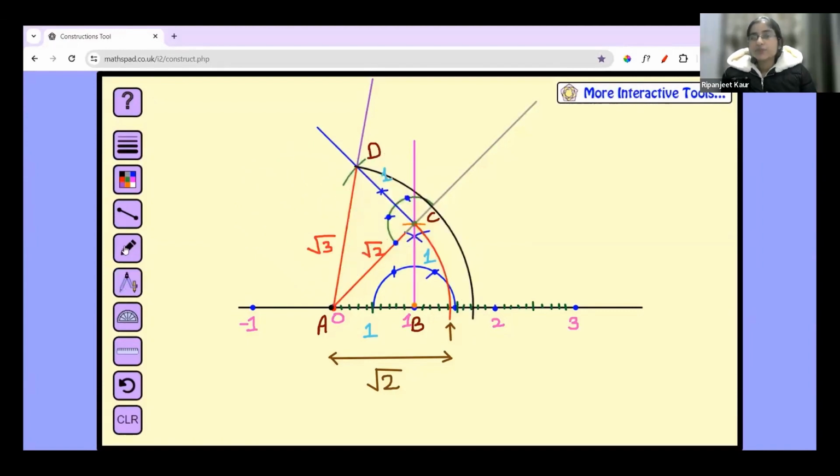So here it is cutting, and from 0 to where the black arc cuts the number line, up till here, this orange line, this length is nothing but root 3. So this is how we can draw the length of root 3. We can plot or represent root 3 or locate root 3 on the number line. Similarly, we can locate other points on the number line, which are irrational, right?